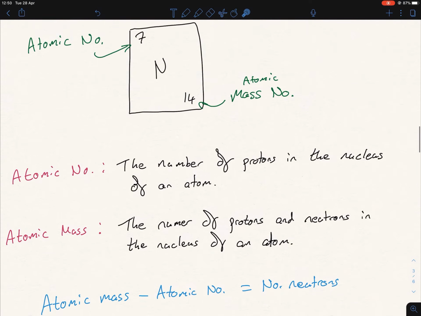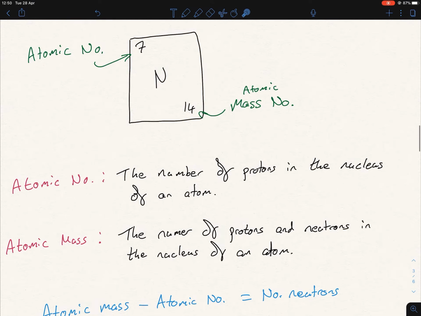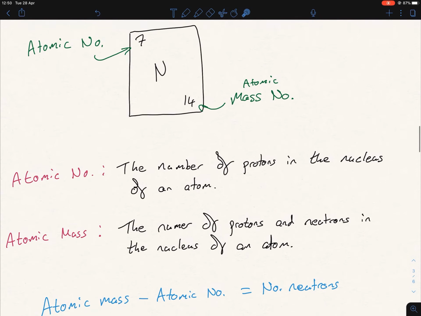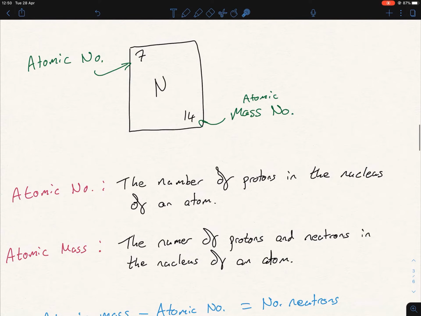Now, we're going to be going over this in more detail in another video, but for now, just to talk about the electrons while we're at it, if the element is neutral, then the number of electrons is the same as the number of protons. You'll know if it's neutral or not, you'll be told.